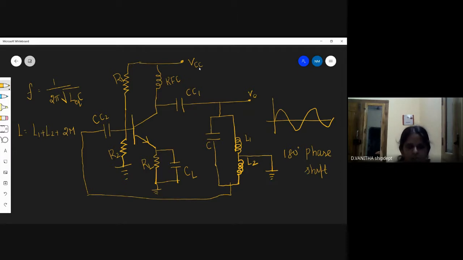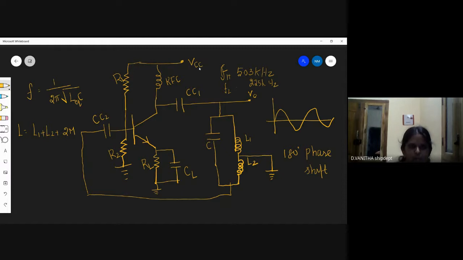By using this Hartley oscillator, we are getting the upper frequency in the range of 503 kilohertz. 503 kilohertz, up to which we can get the higher frequency. This will be the high frequency FH. The lower frequency FL is equal to 225 kilohertz.